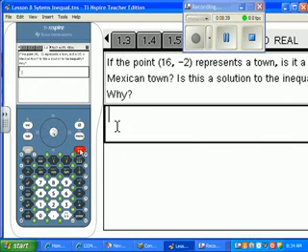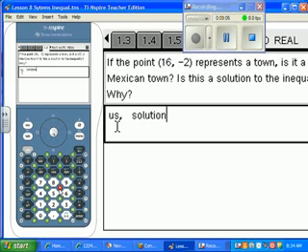Sorry, I can't see half of my thing. So it's U.S. And we said it's a solution, right? That doesn't say solution. Maybe in a different language it does.